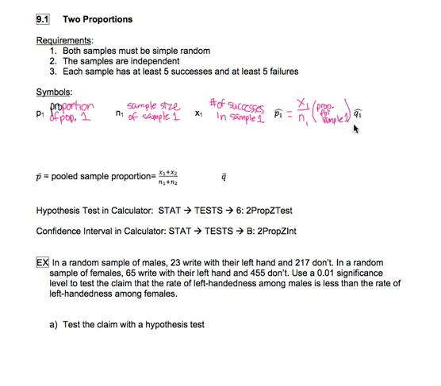Q hat sub 1 is basically the failure rate, because our P sub 1 hat is our success rate.